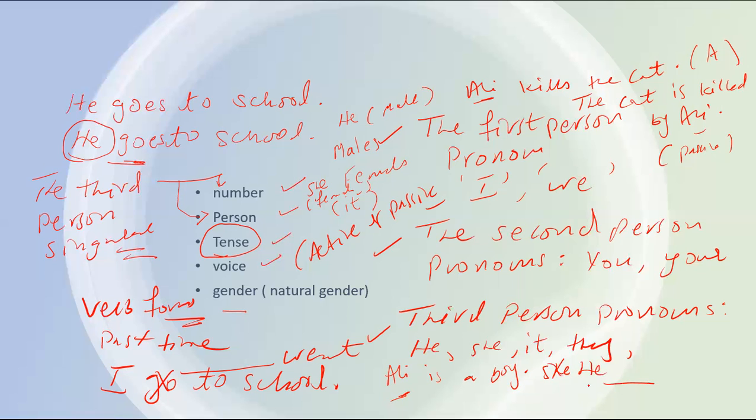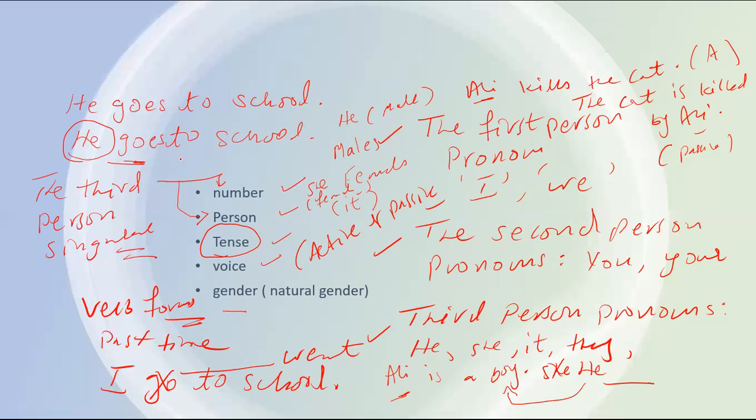So that means pronouns have to agree with the gender being used. We have to make choices here. We have to choose between active or passive. We have to choose based on a particular gender, either he or she. Based on the time we're talking about, we have to choose the verb form, present, past, participle.